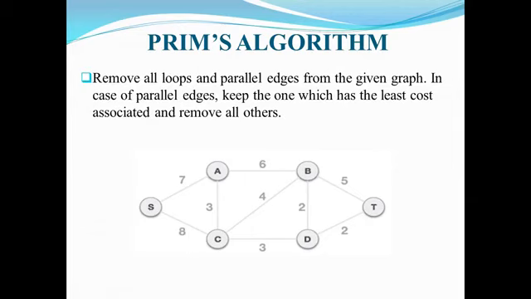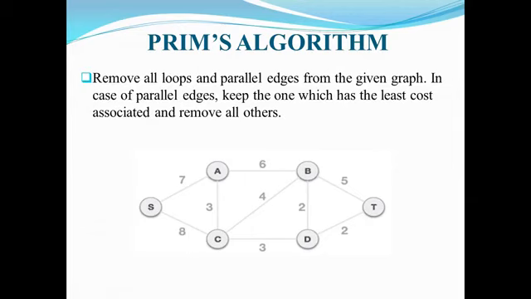Then directly use the formula: number of edges in the graph C, the number of edges required for constructing a spanning tree, minus the number of cycles. So the formula for this diagram is 9C5 minus 4, where 9 is the number of edges, 5 is the number of edges required for constructing a spanning tree, and 4 is the number of cycles.